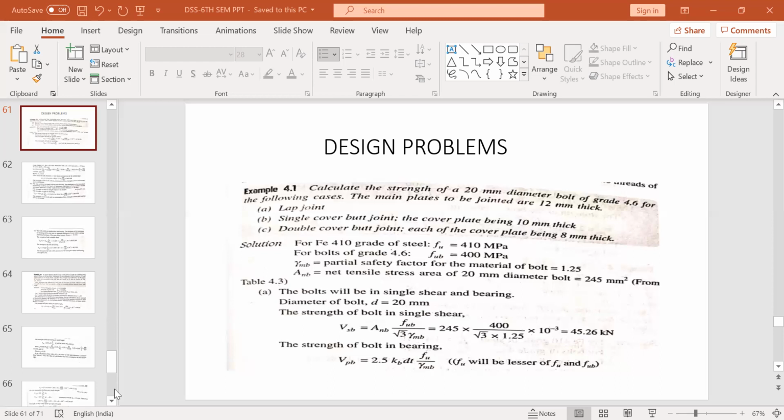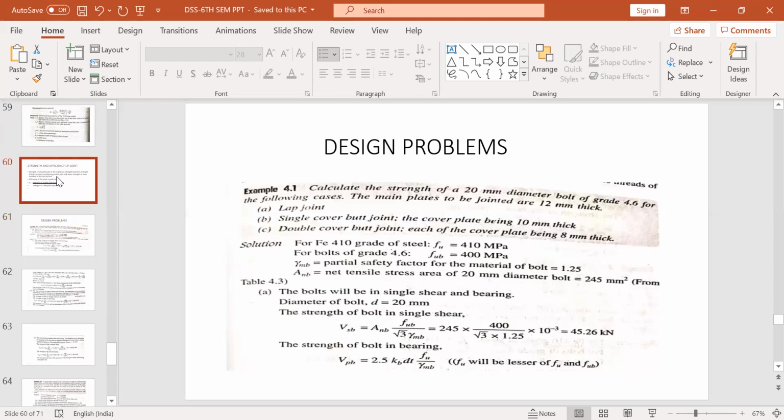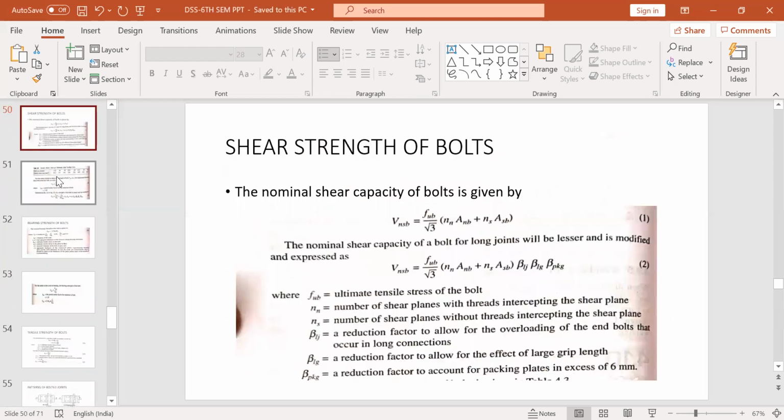Now let us recapitulate what we have discussed in the previous classes to understand how this formula has come. In this formula, we are taking only this much. What was Asb?